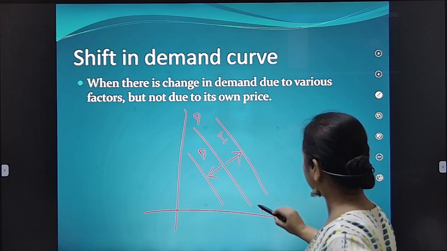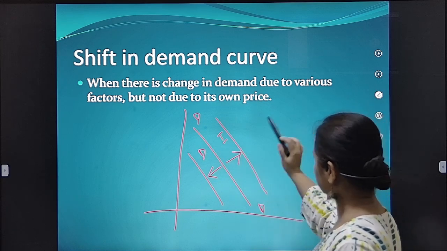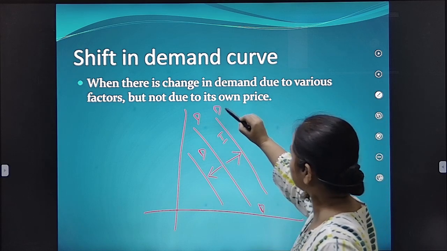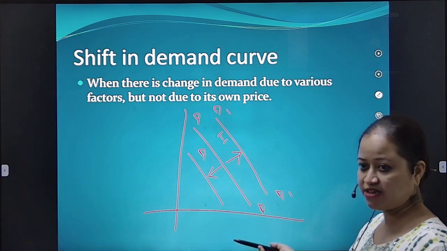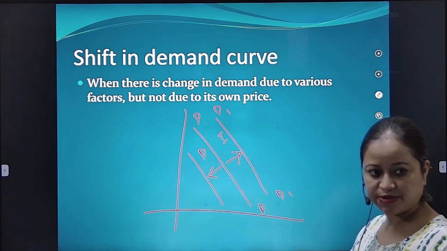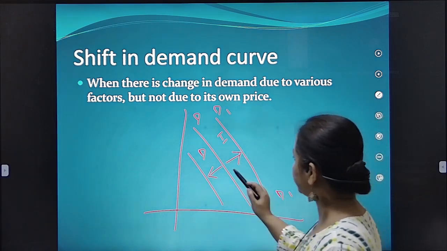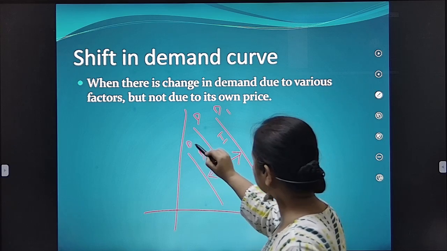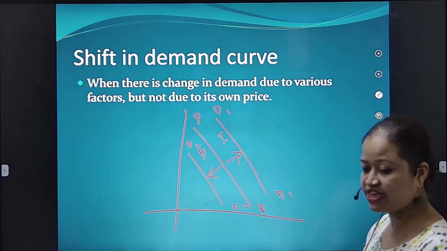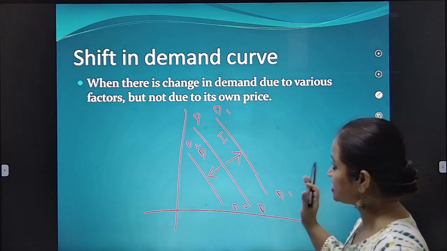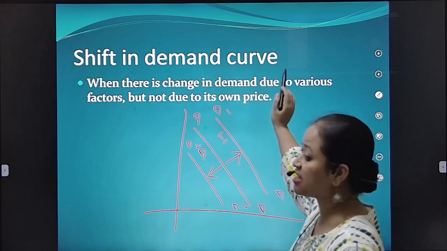So this is your DD demand curve. When it is shifting towards right, D1, D1, that means demand is, yes, increasing, increase in demand. Fine. And when it is shifting towards left, suppose D2, D2, then it is the case of decrease in demand. So this is your shift in demand curve.